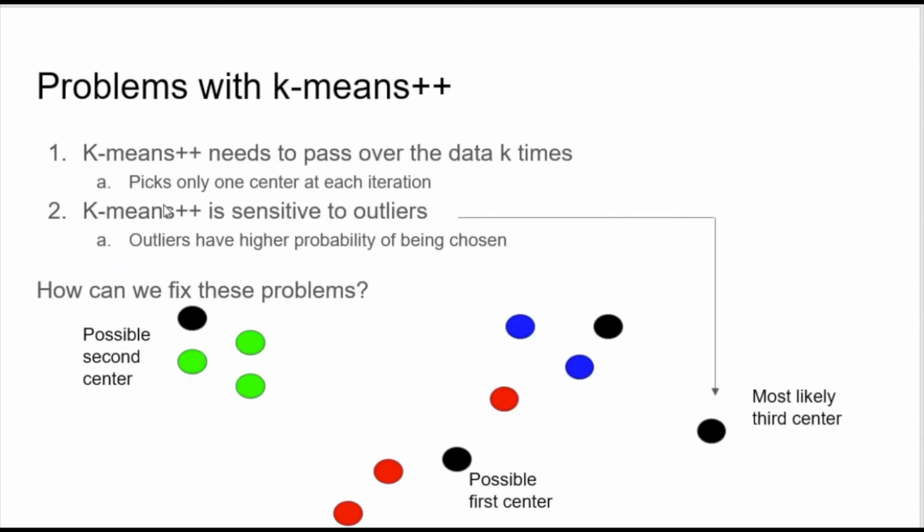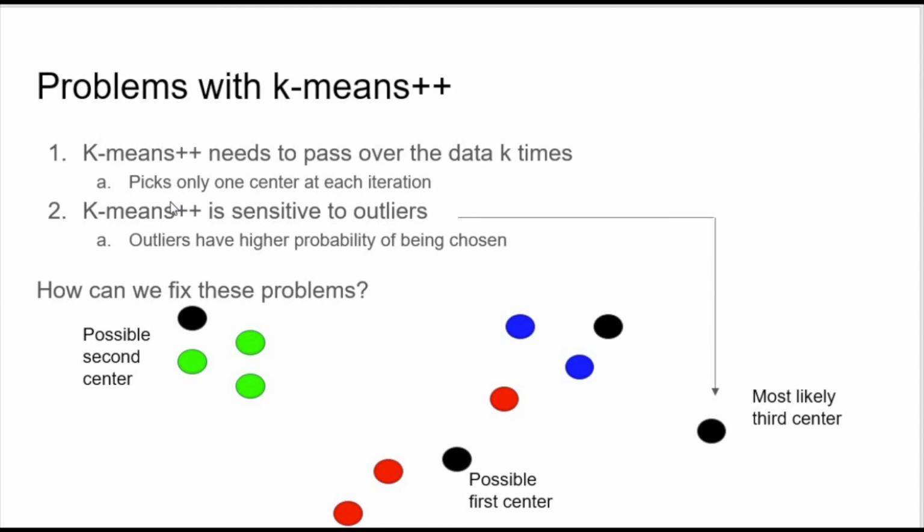So we explained some of the benefits of k-means++, but what are some of the problems? In k-means++, we pick one center at each iteration, which means we have to iterate k times, calculate the distance squared, and update the probability distribution at each iteration, which is order of nkd, and is quite expensive.